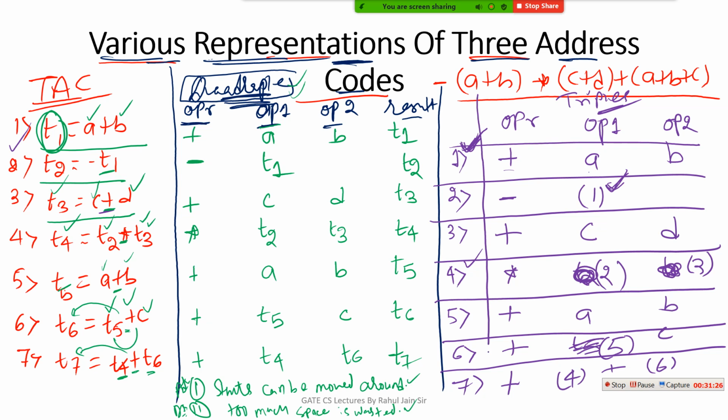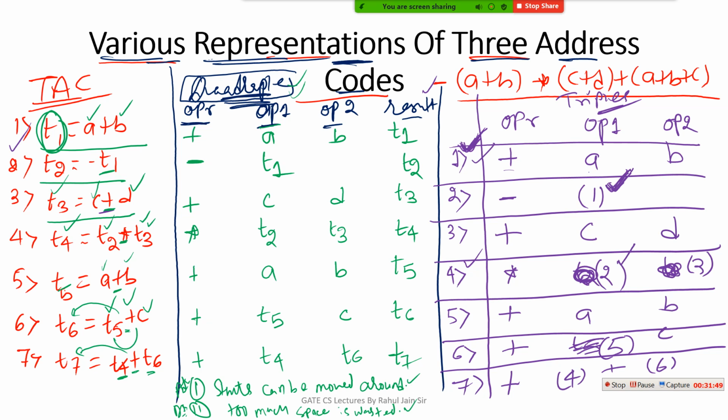So in the triple table I have reduced the result value, and whenever I need the result of any step, I will call it by the row number. Whatever row number it has, I will put the address of it, and by the address of that row, I will call the result of that. By calling 1, I will fetch the result of a plus b.